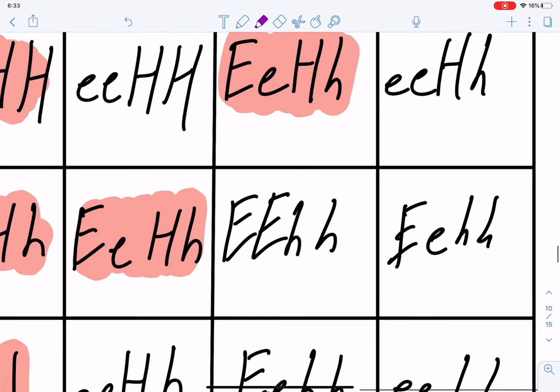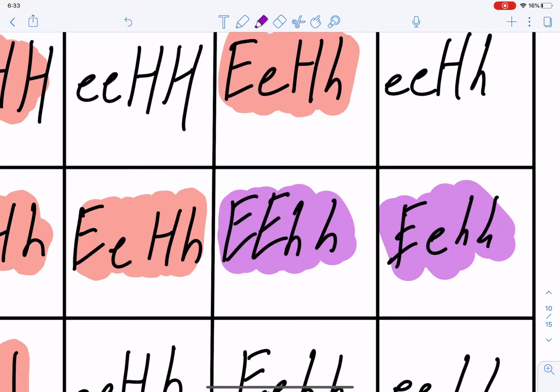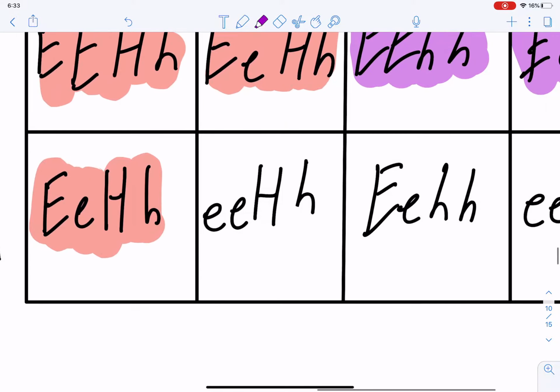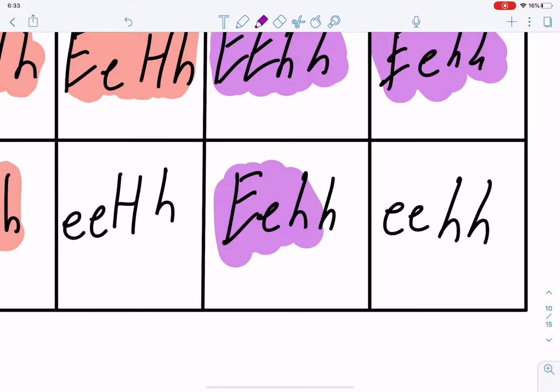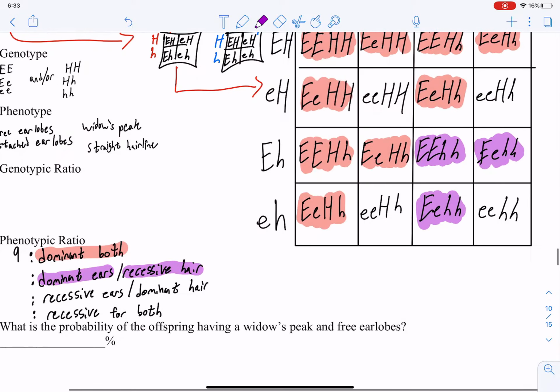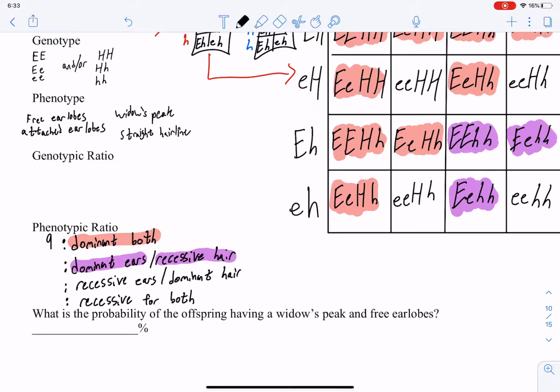Looking at this one, big E, little h, this is what we're looking for. Dominant for ears, recessive for hair. Same is true for this one. We go to the next line. Recessive for ears, no. And then this one is. And then our last one, no. So we count them all up, and we have three offspring that are dominant for ears and recessive for hair.